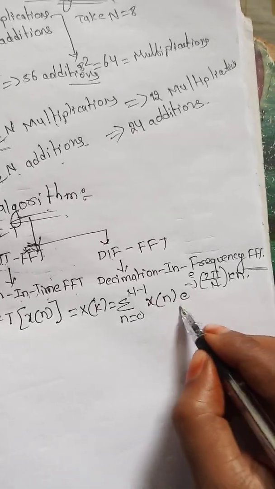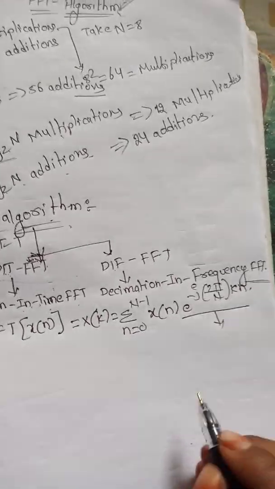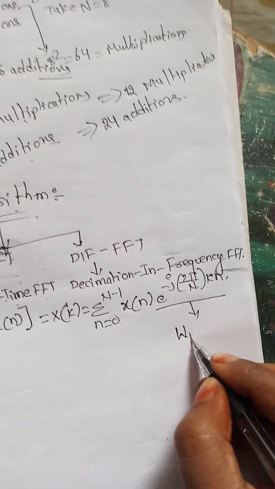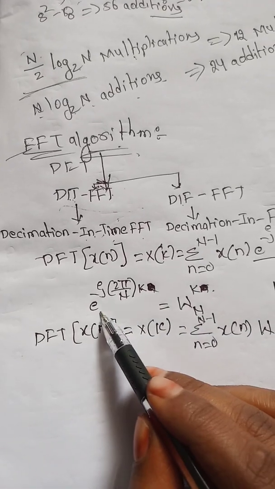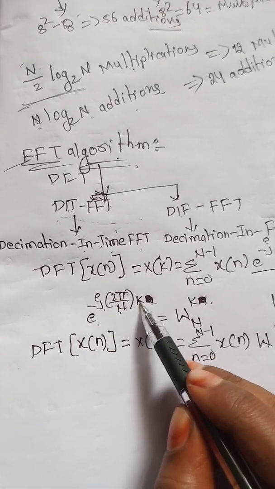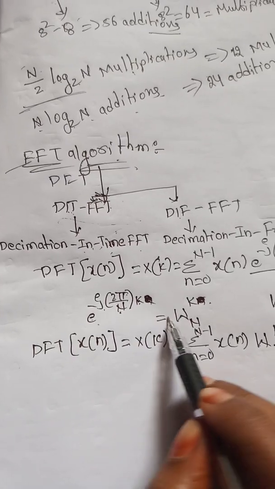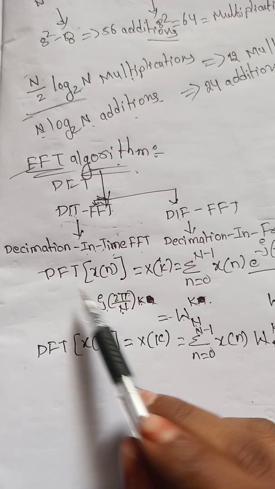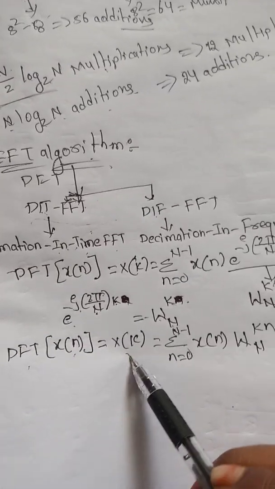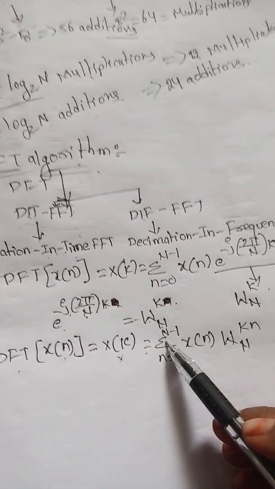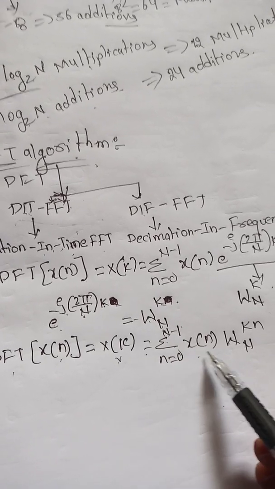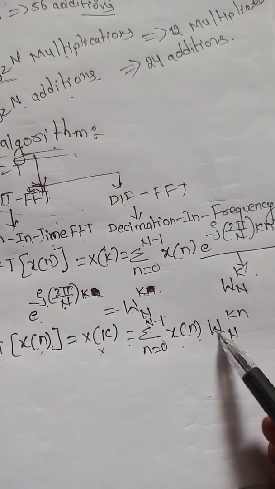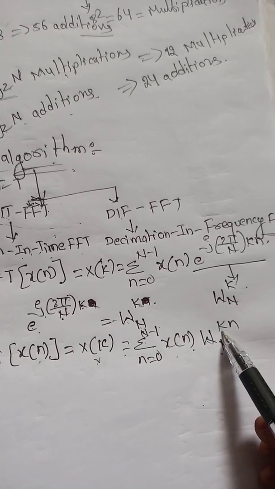Here this exponential term can be taken as the twiddle factor, written as W N of k. So the exponential term e power minus j 2 pi by N into k can be written as W N of k.